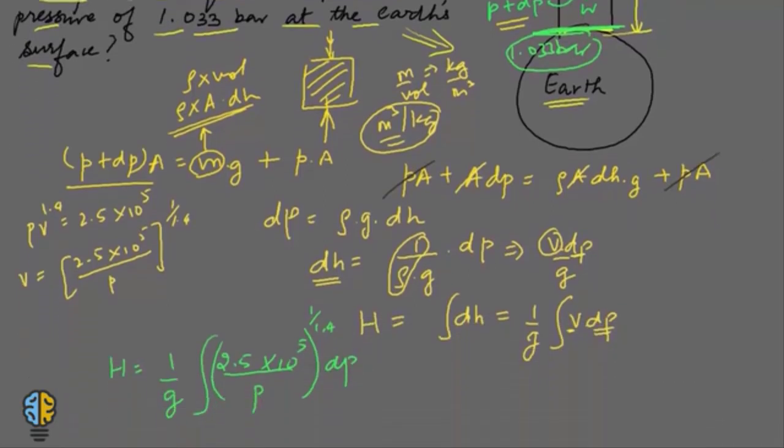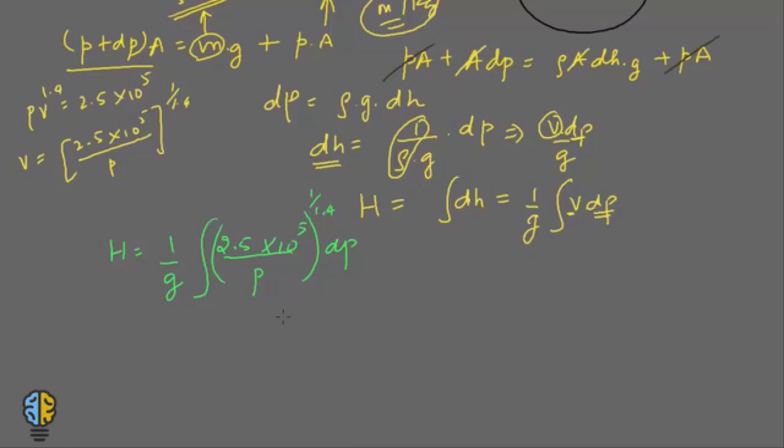So the limit of the integral would become 1 by G integral 0 to 1.033 bar. Okay, now this is bar. We need to convert this into pascals. So I would write down into 10 to the power 5. Okay, and 2.5 into 10 to the power 5, by P upon 1 upon 1.4 dP.